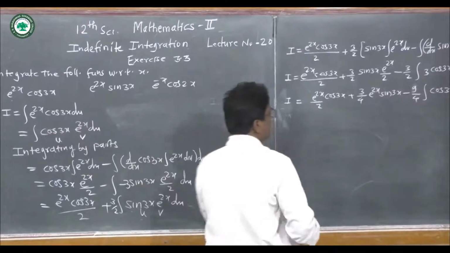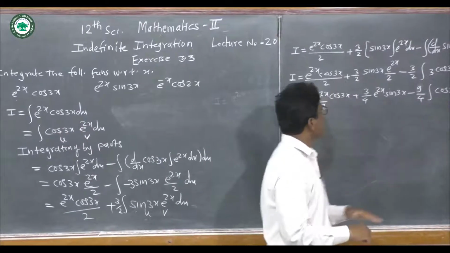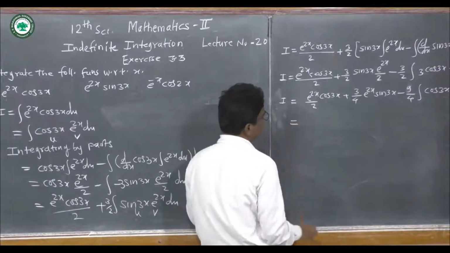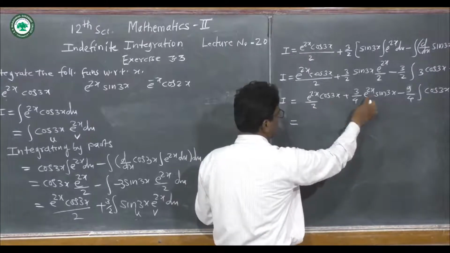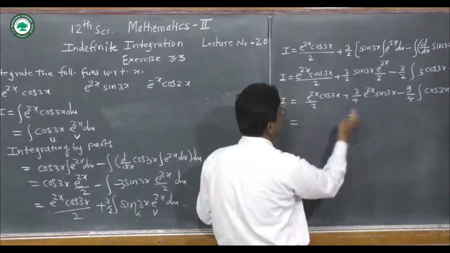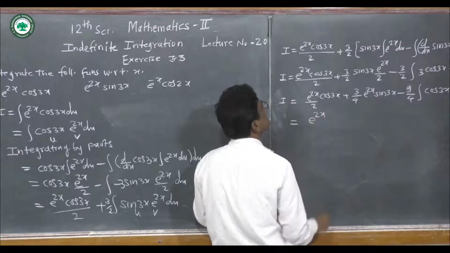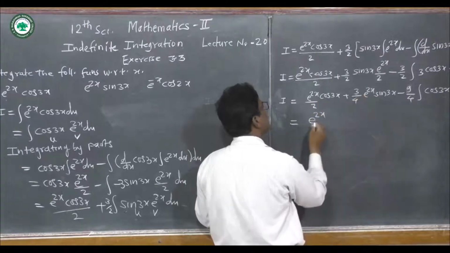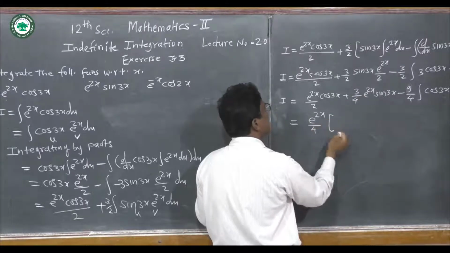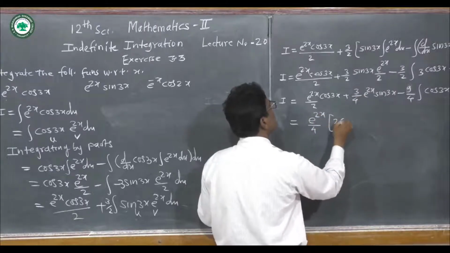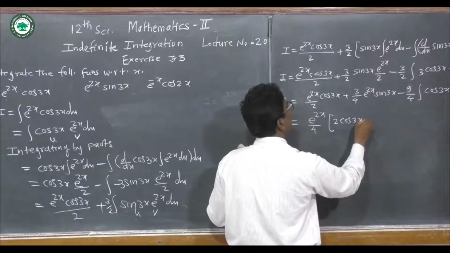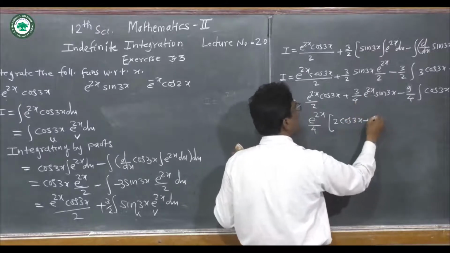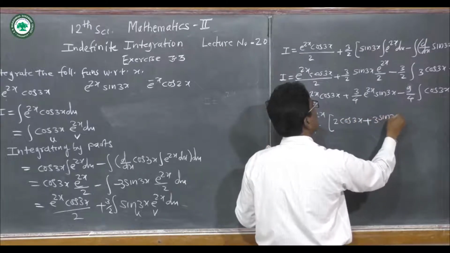So we put here this integration as I, and therefore it is equal to, here we take e to the power 2x common in these two terms. Also here take upon 2 and upon 4, so take 4 common. So in the bracket here remains 2 into cos of 3x plus 3 into sine of 3x.